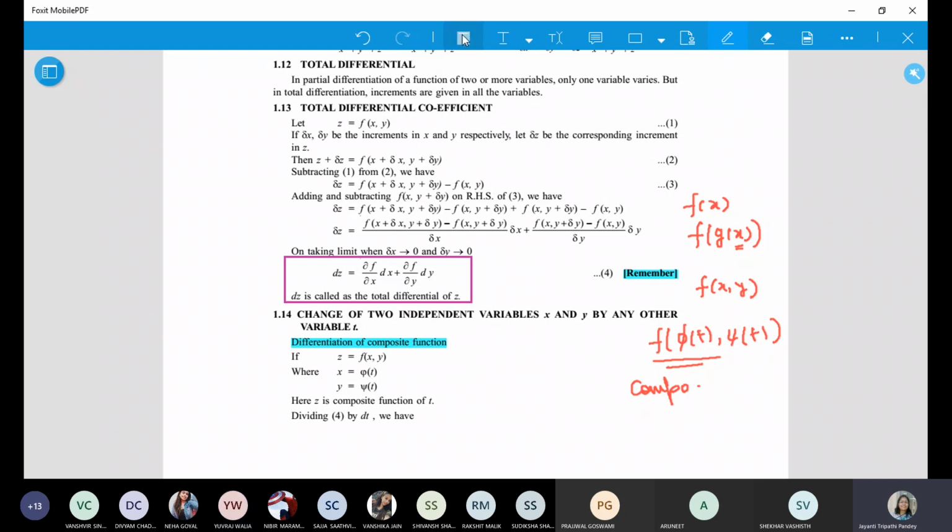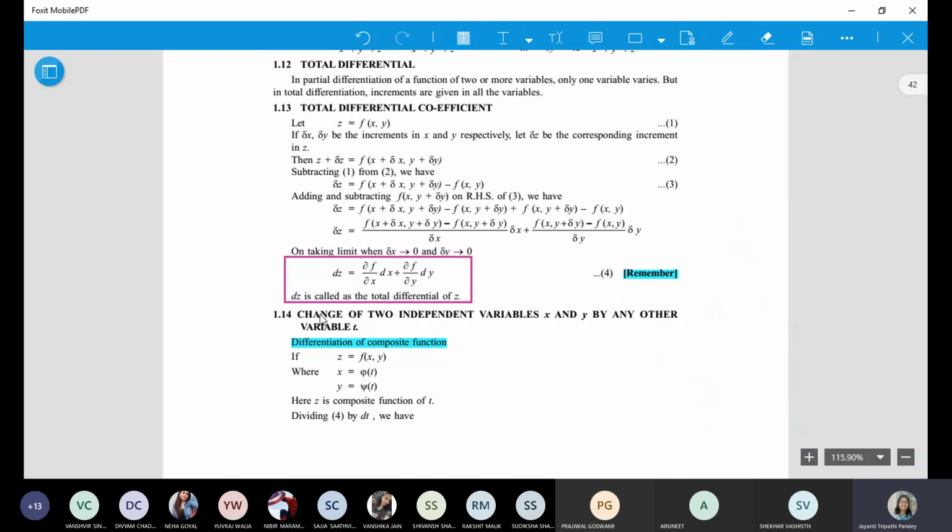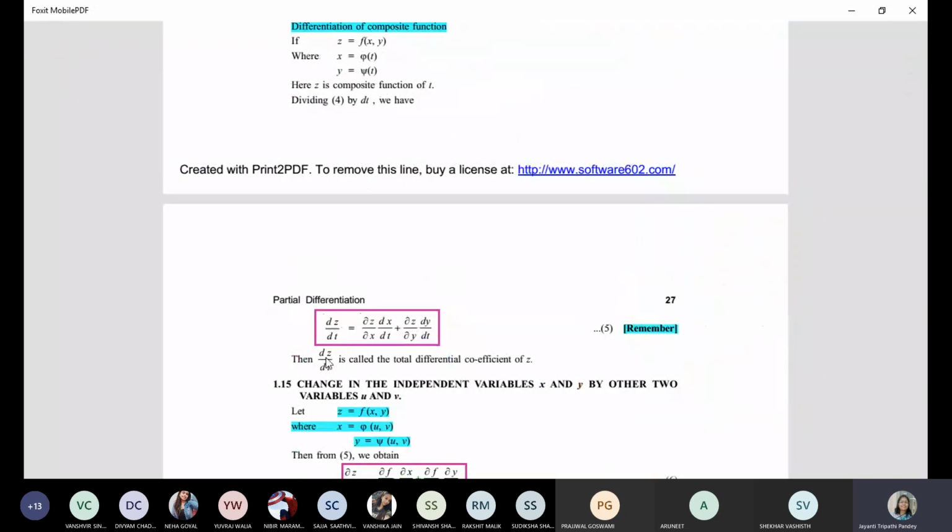So if we have to get the derivative of a composite function, here I am talking about the total derivative, then it comes out to be like this. Please note it down. This is the derivative of a composite function.